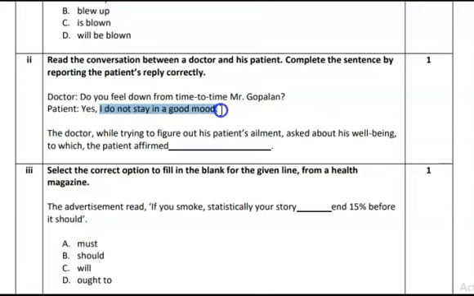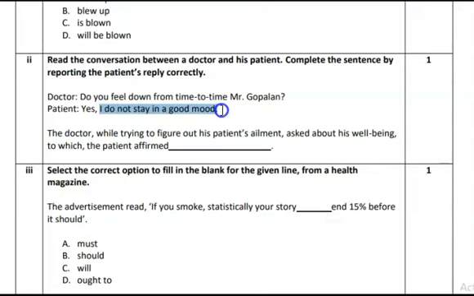But the answer given by CBSE, according to me, is doubtful, because it should be yes, he did not stay in a good mood. The statement given is in the simple present tense, and a simple present tense statement goes into simple past tense. So I fail to understand why CBSE has given this answer in the present.